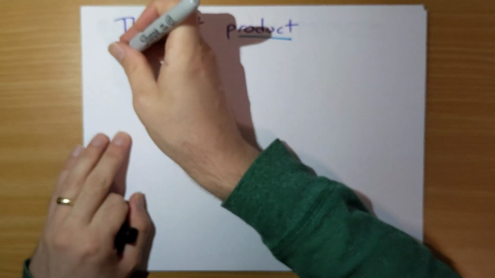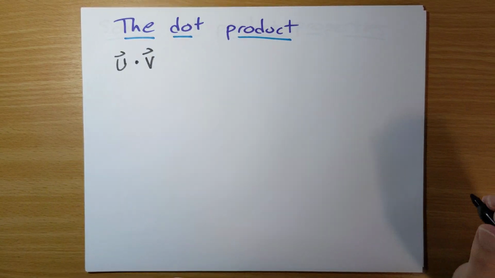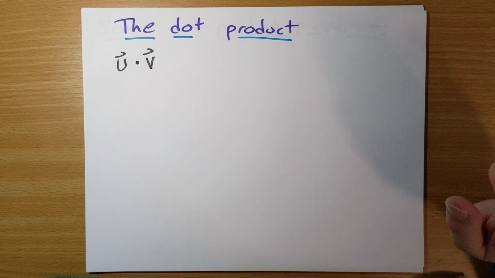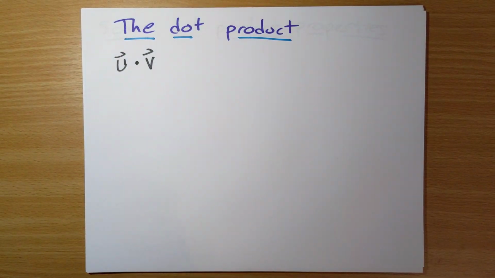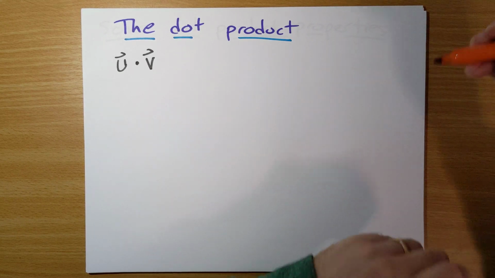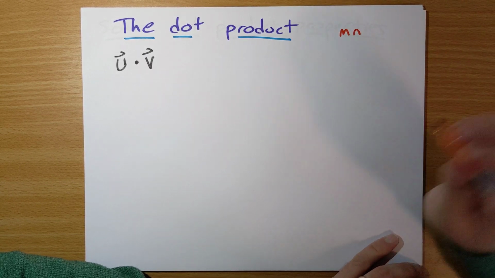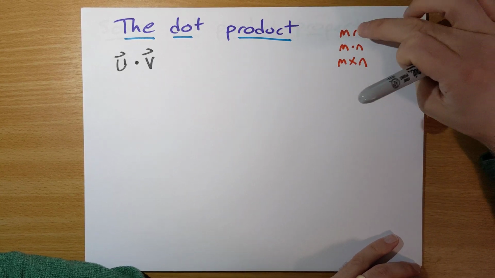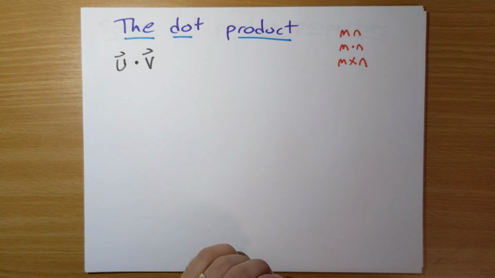First off, notation is going to be u dot v. Before I give an example, it's worth emphasizing: if I asked you to multiply m and n together, where those are numbers, you might write m times n, you might write m dot n, or you might just leave a space to mean multiplication, a dot, or a cross, a times symbol.